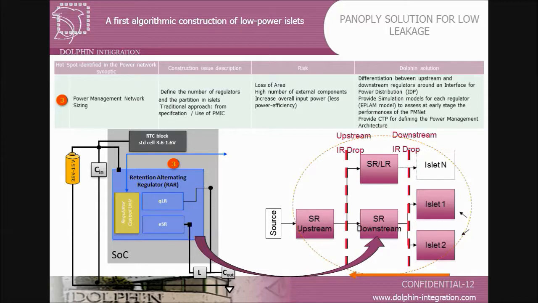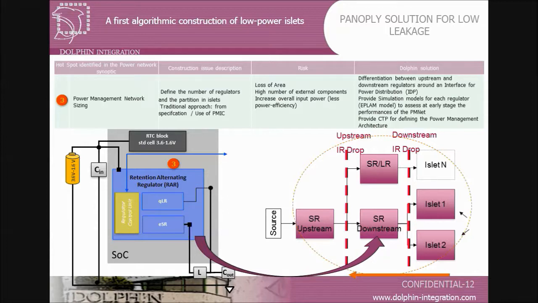We provide you with simulation models and simulation methods to be able to assess at an early stage the performance of this power management network. We provide you all those techniques and simulation know-how to enable you to build the appropriate power management network.